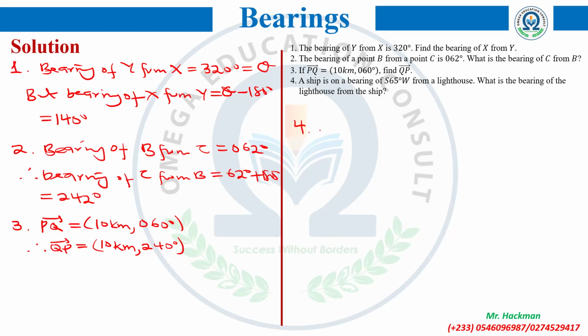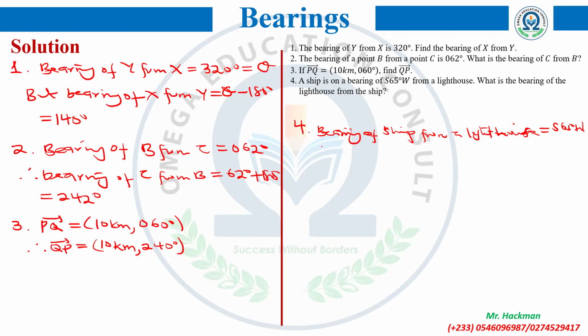We are given the bearing of a ship from a lighthouse, and you are told it is south 65 degrees west. That's what you have.